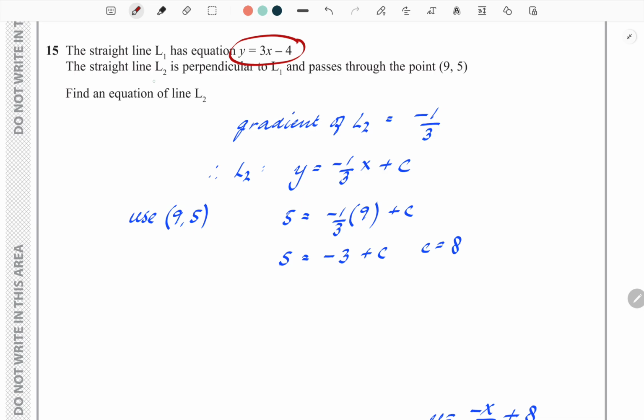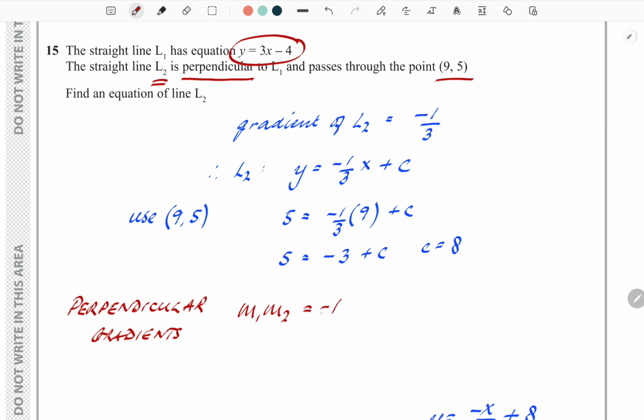all right? L2 is perpendicular to L1 and passes through a specific point, okay? The rule that you need to remember for perpendicular gradients, right? M1, for line 1, that is the gradient of line 1, times M2 must equal minus 1, right?